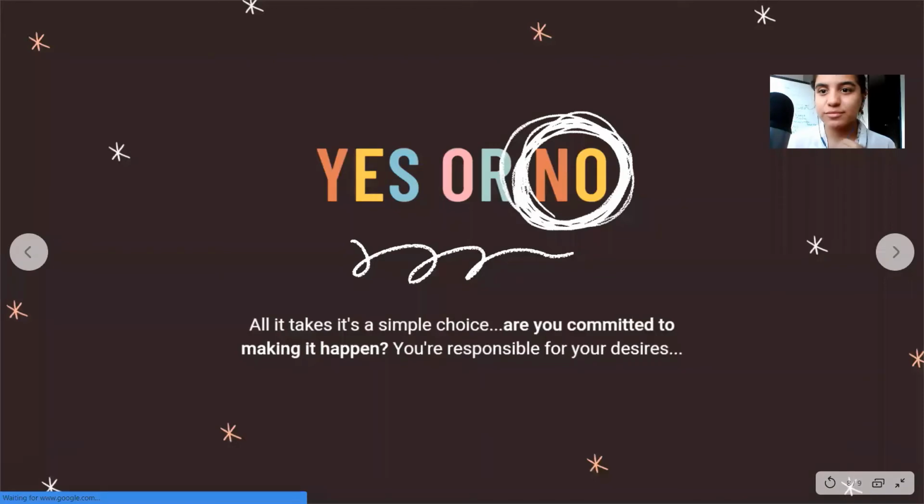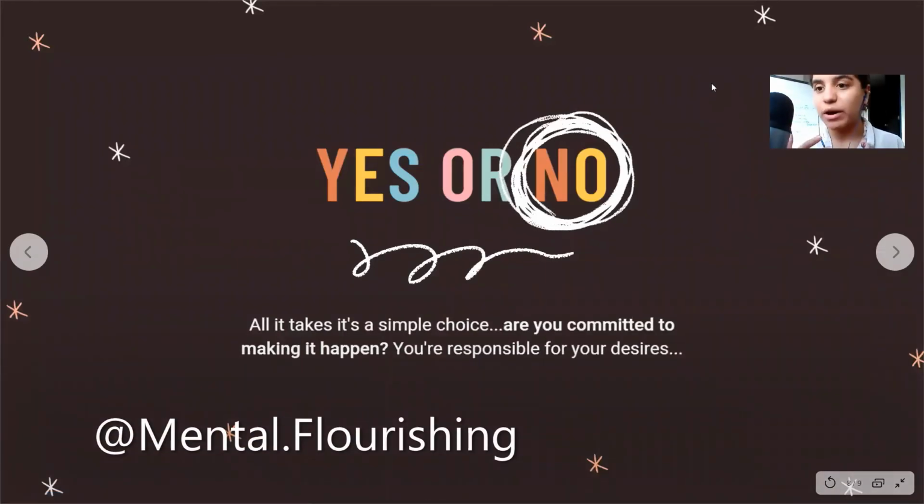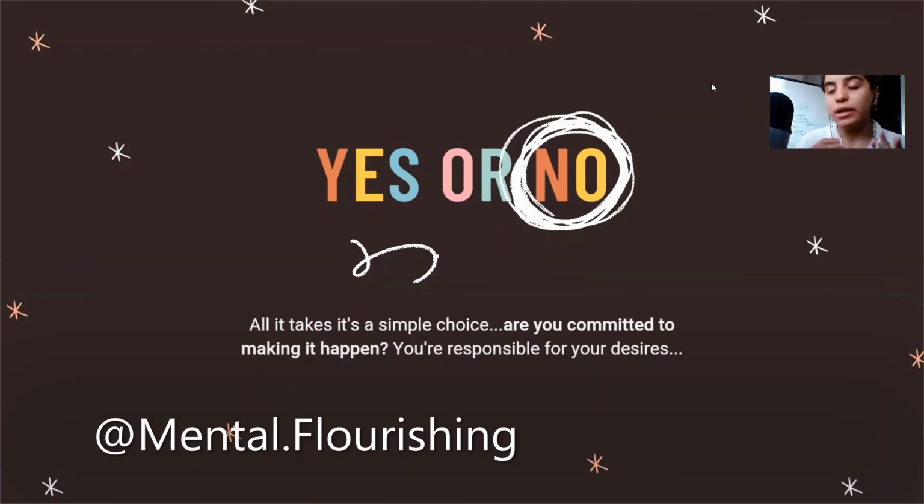Hey, so before I go, I just wanted to leave you with this. In order for this to work, it all comes down to a simple choice, and that choice is a yes or no choice. The question is, are you committed to making this happen? Because at the end of the day, we can talk about our goals and what we want, and they won't just fall on your lap. Otherwise, it will be just wishful thinking.